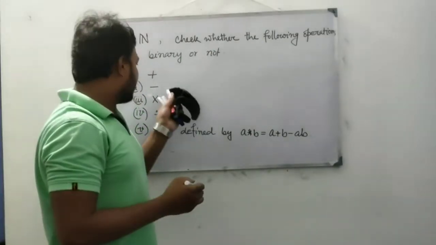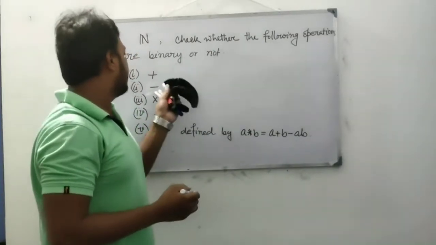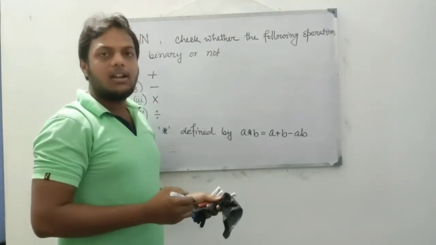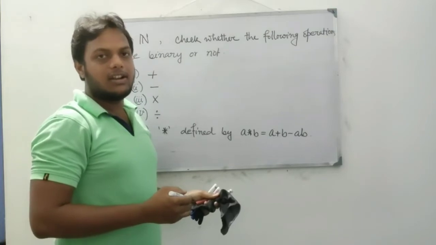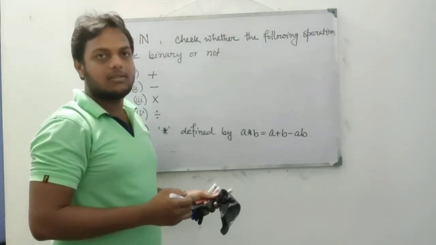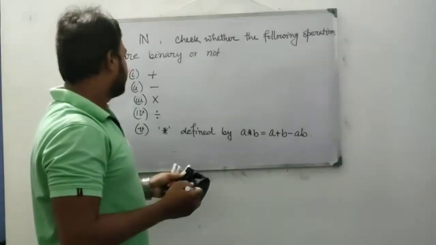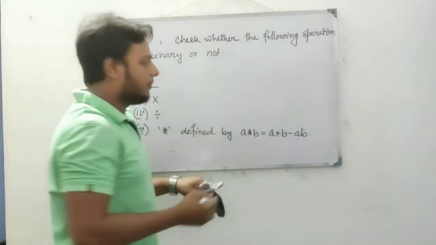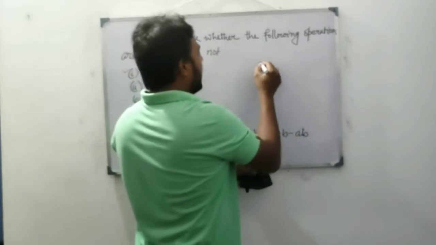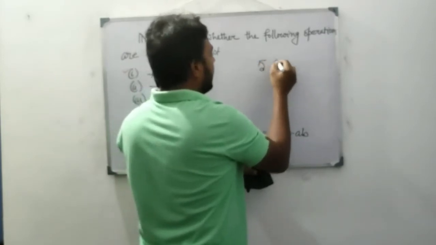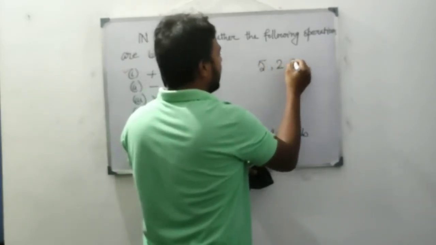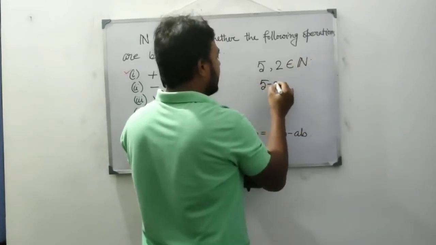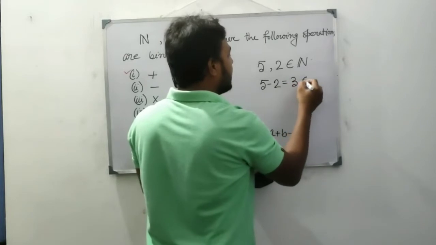Are you sure that minus will be a binary operation on the set of natural numbers? We can't get a decision yet. Let's check. Suppose we consider the number 5 and another number 2 from the natural numbers. Then 5 minus 2 equals 3. Very good, it is a natural number.